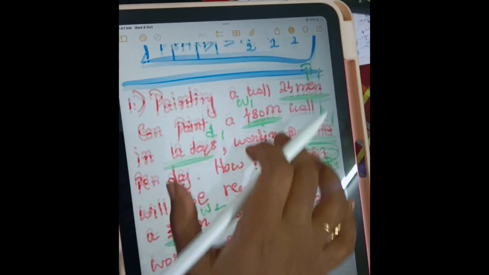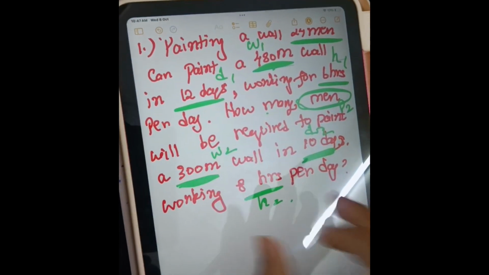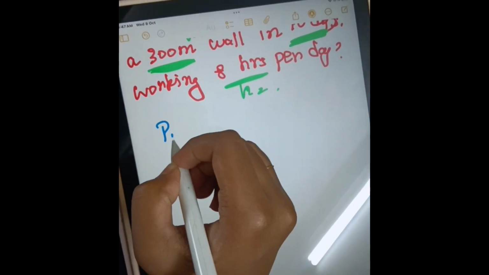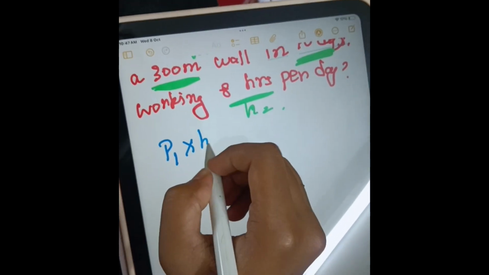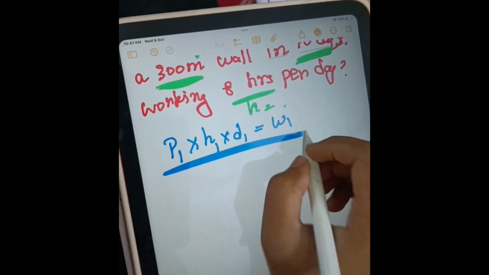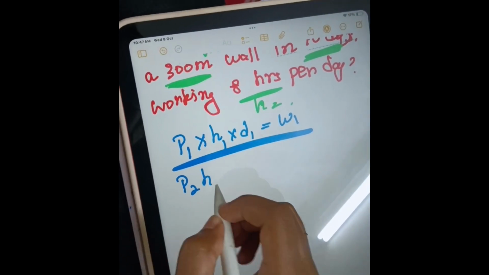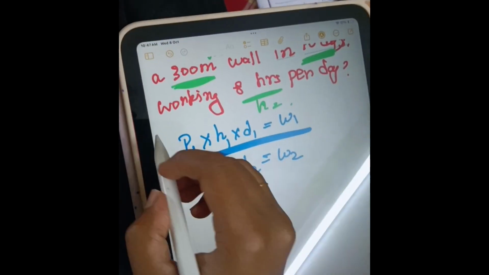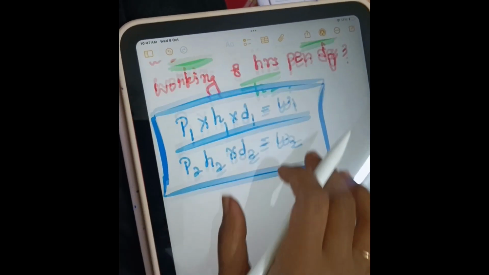So now you have found the formula. Now you have to apply the formula here. You will use the first formula: P1 H1 D1 equal to W1 by P2 H2 D2 equal to W2.